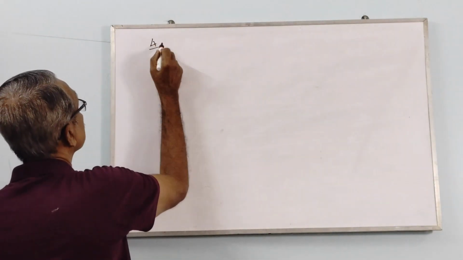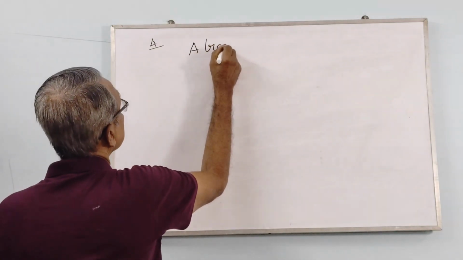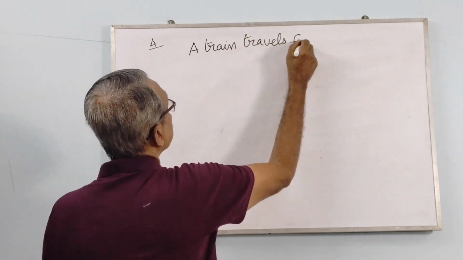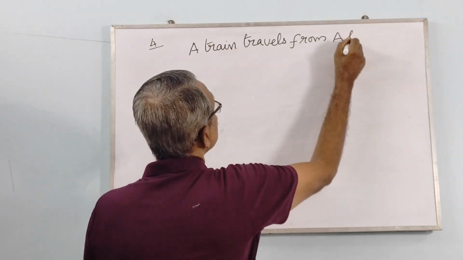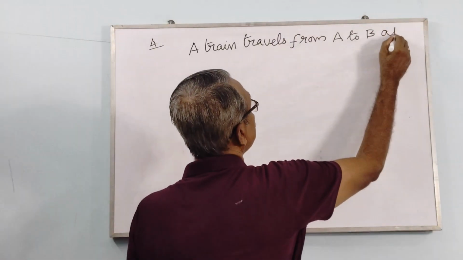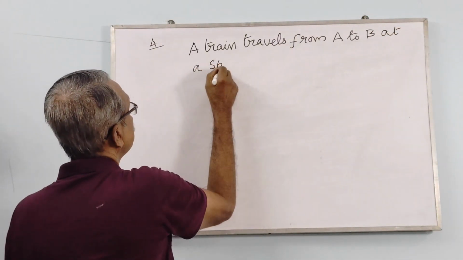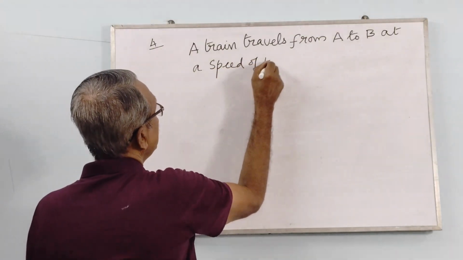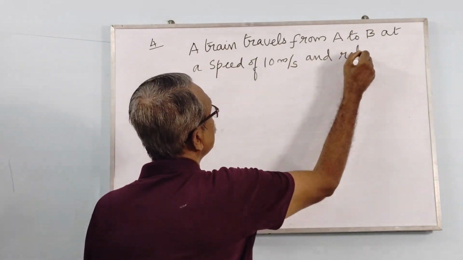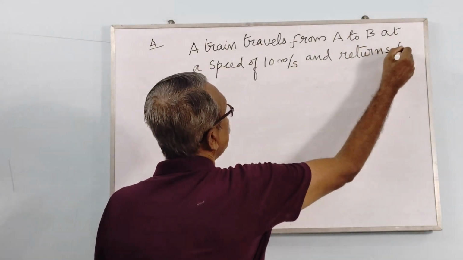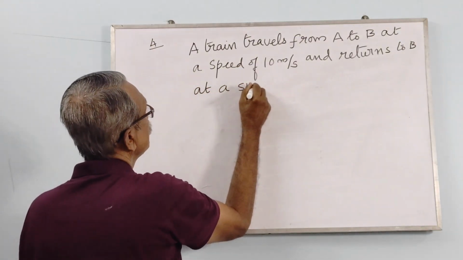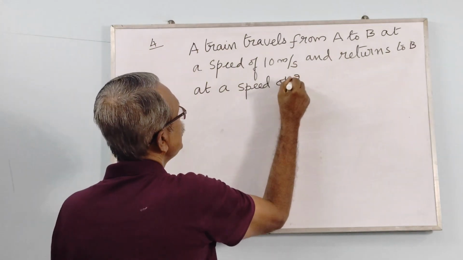This is question number 4. A train travels from A to B at a speed of 10 meter per second, and returns to B at a speed of 20 meter per second.